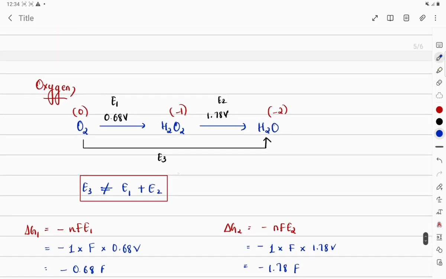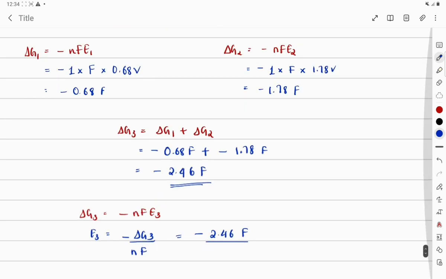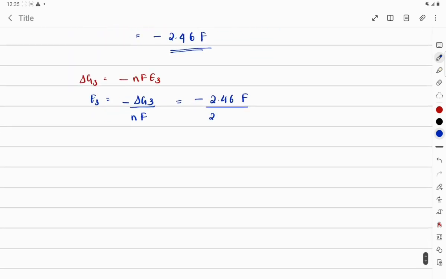From 0 directly to -2, there will be 2 electrons involved. So N value is 2 into F. Now you can understand why I did not substitute for F, because you can simply cut off the F. And we have minus 2.46 divided by 2. Answer will be minus 1.23 volt.